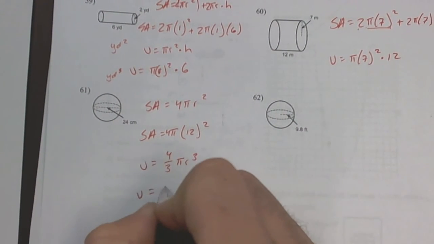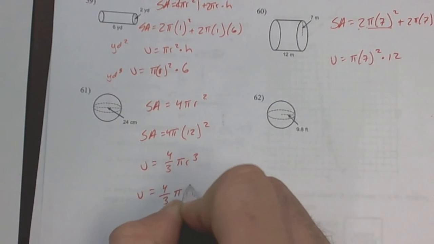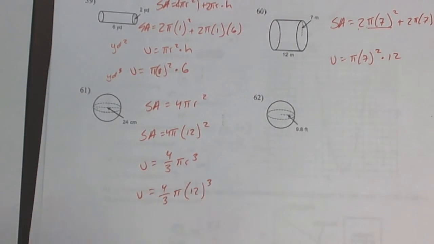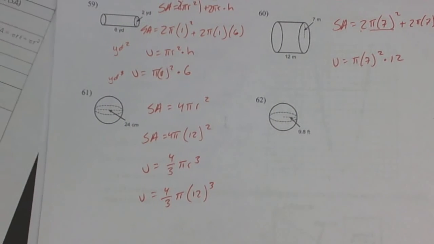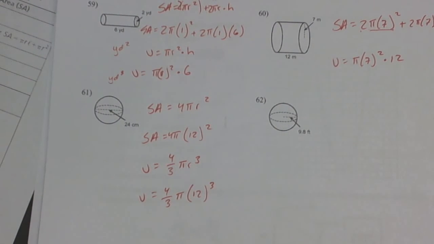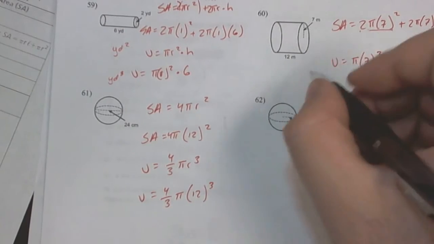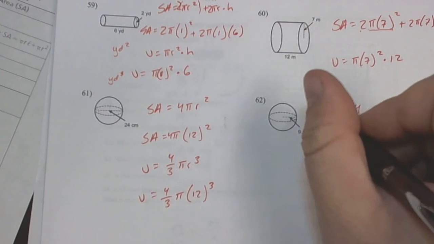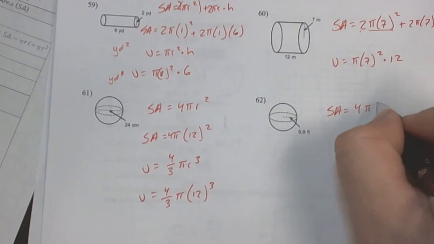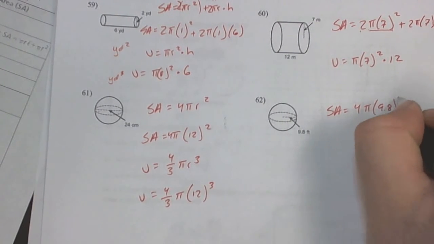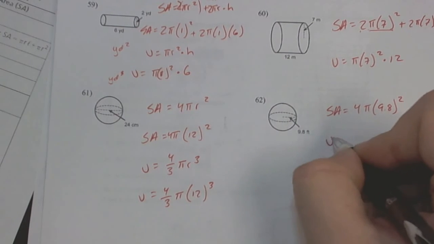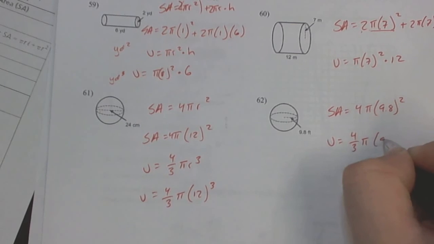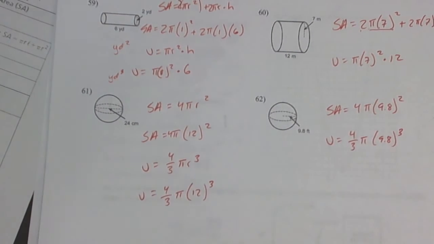So the volume of this is 4/3 times pi times r, which we said was 12, cubed. Same here. Surface area is equal to 4 pi r, 9.8, squared. Volume is equal to 4/3 pi 9.8 cubed.